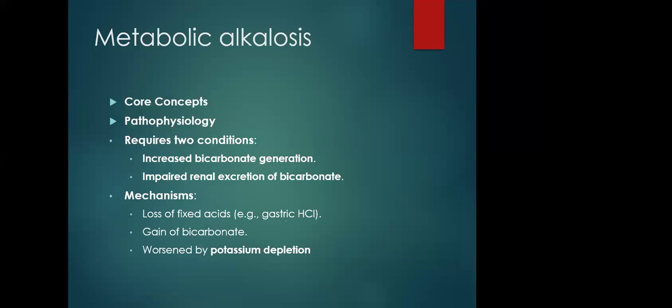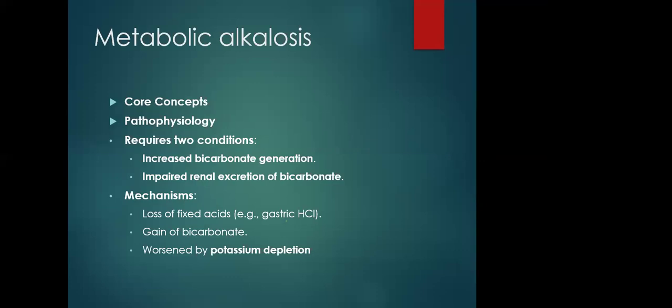tubular acidosis. Metabolic alkalosis is not that common, but the important message to take is that the pathophysiology requires two conditions. Either you have increased bicarbonate generation, or you have impaired renal excretion of bicarbonate.